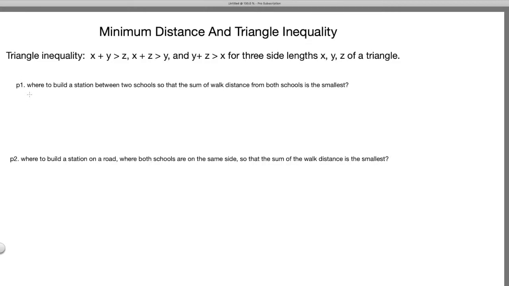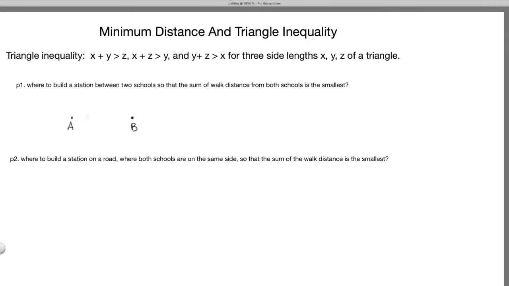First question, where to build a station between two schools so that the sum of walk distance from both schools is the smallest. So let's illustrate a little bit. Let's say school A is here and school B is here.